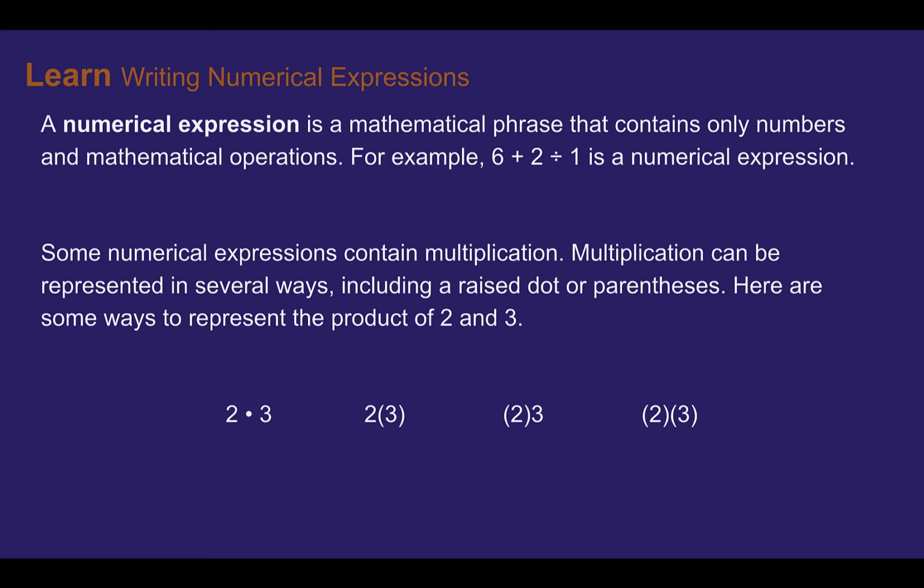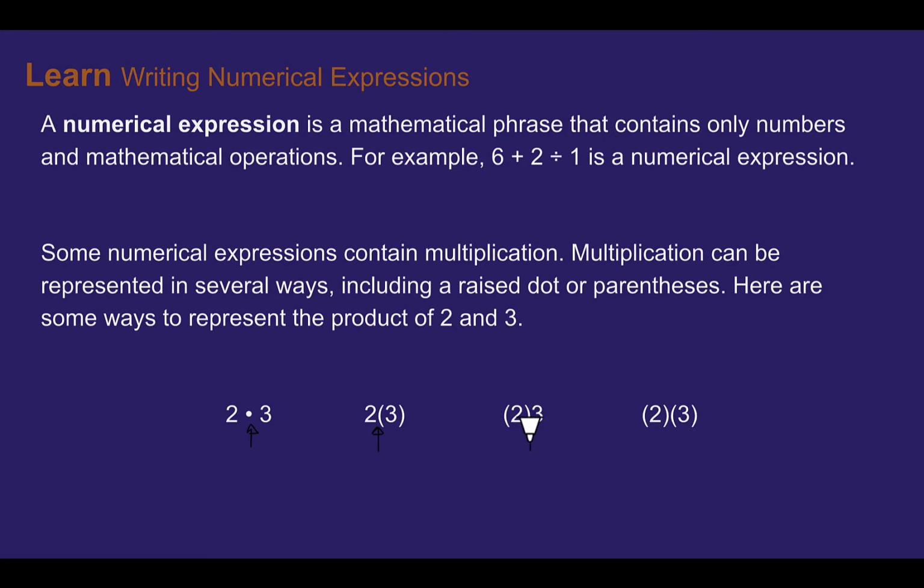So here are a couple ways you could represent the same product of 2 and 3. So first one here, we could represent 2 times 3 with that dot. Here, we could say 2 and then parentheses 3. That still means multiplication. There's now a hidden multiplication symbol.